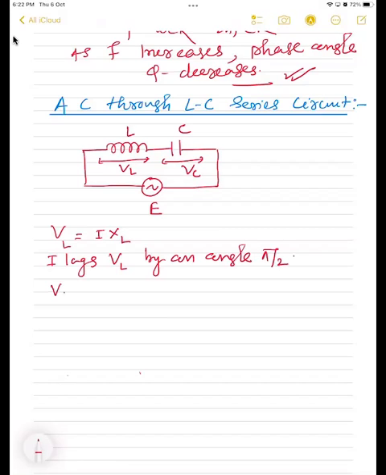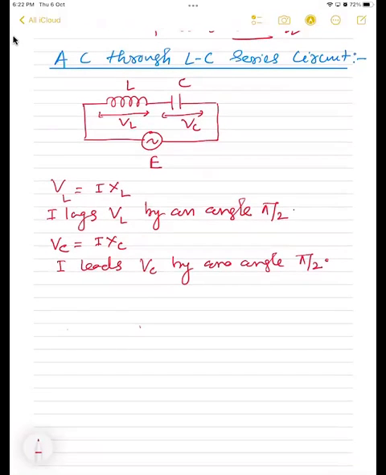And potential difference across the capacitor, that is VC, is equal to I XC. But here what happens? I leads VC by the same angle pi by 2. Correct?